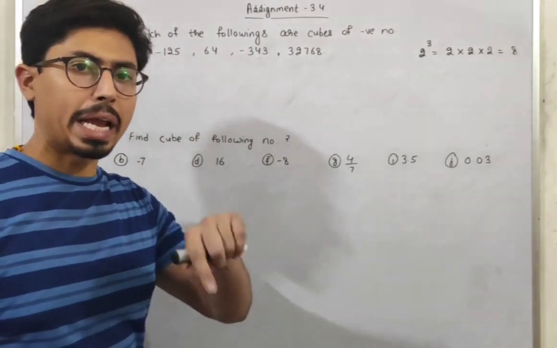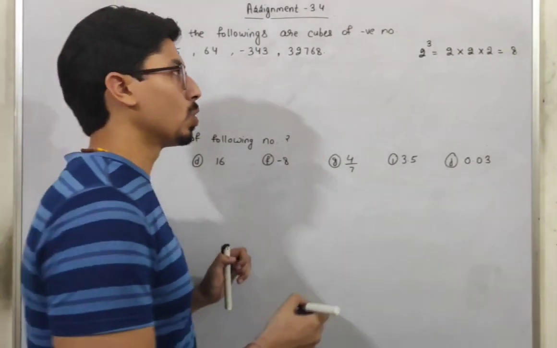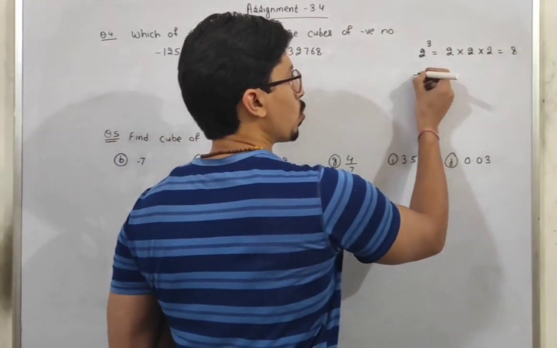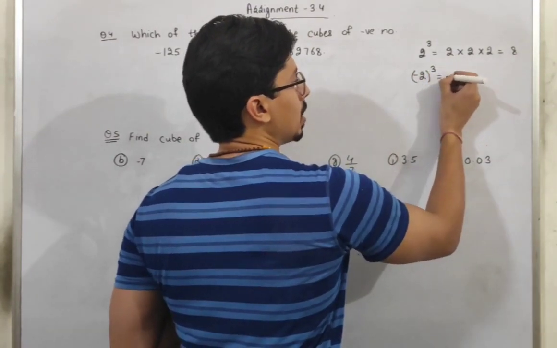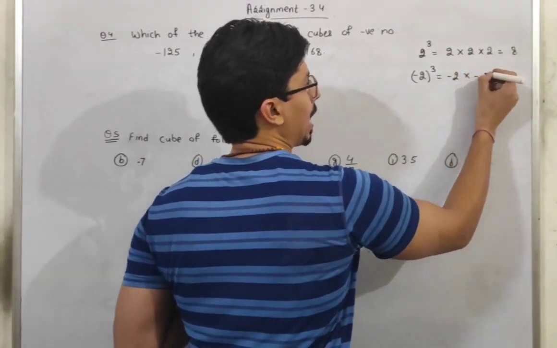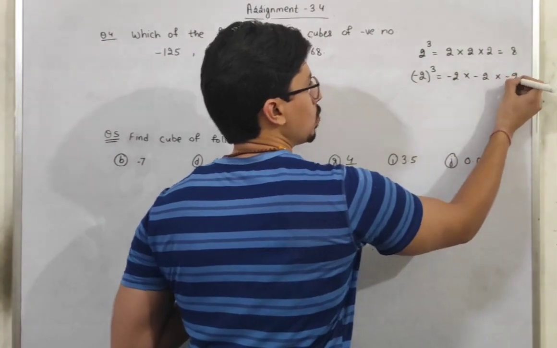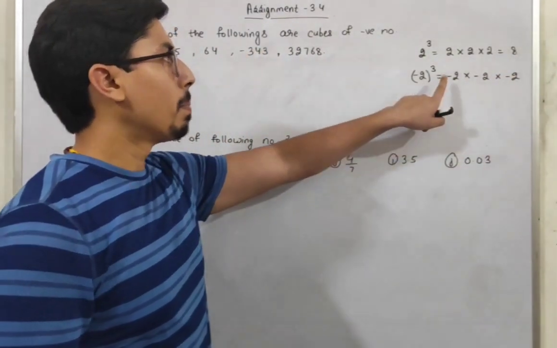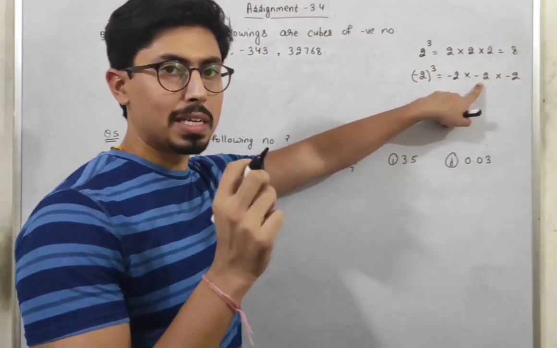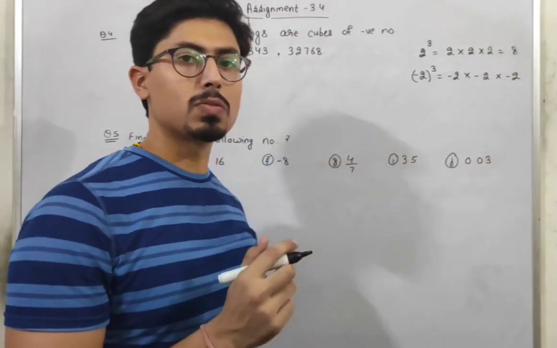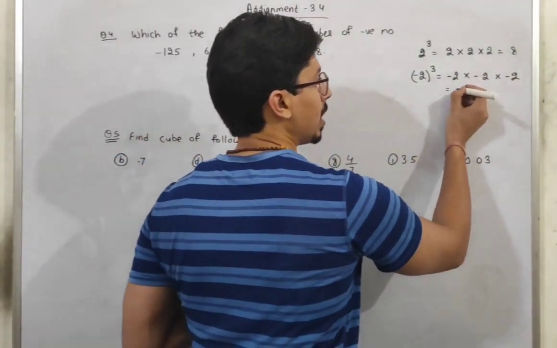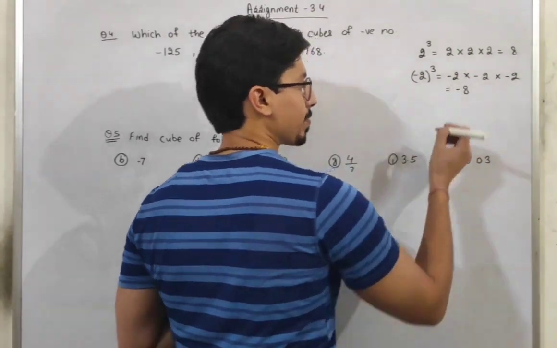But if I take minus 2 instead of 2, so minus 2 cube will be minus 2 multiply minus 2 multiply by minus 2. See, students, here minus multiply by minus will be plus, and plus multiply by minus will be minus. Okay, and 2 2s are 4, 4 2s are 8.